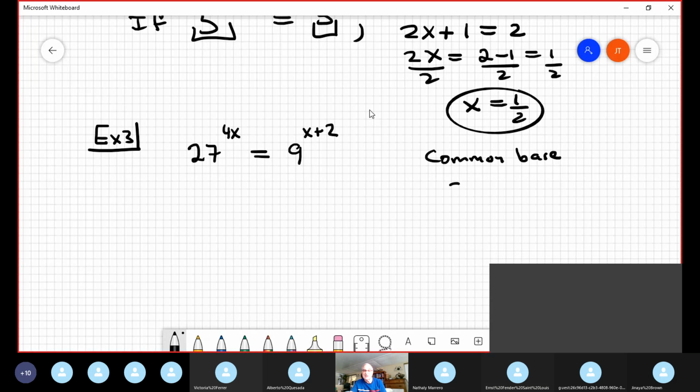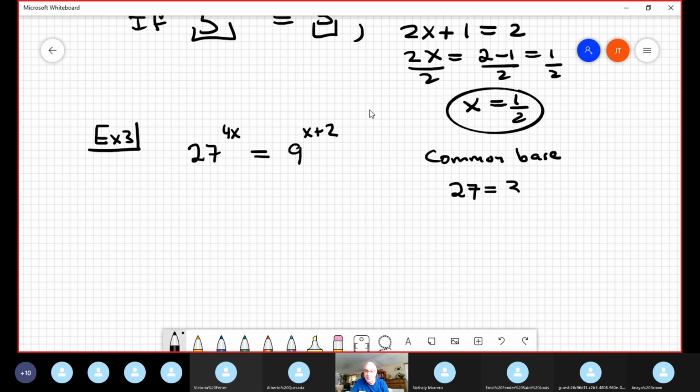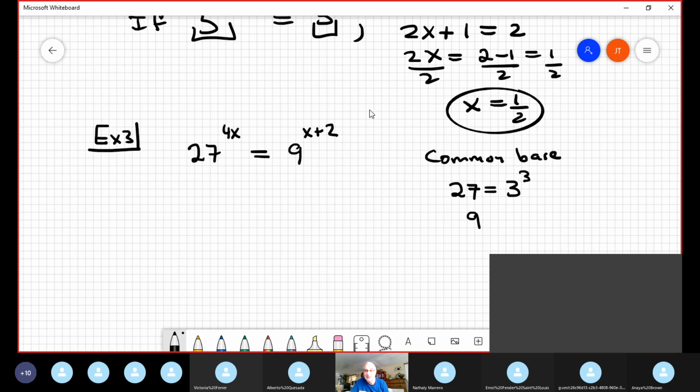Look, because 27 is 3 to the third power and 9 is 3 to the second power. 9 no, because 27 is 3 times 9.